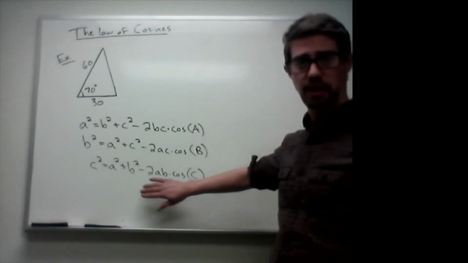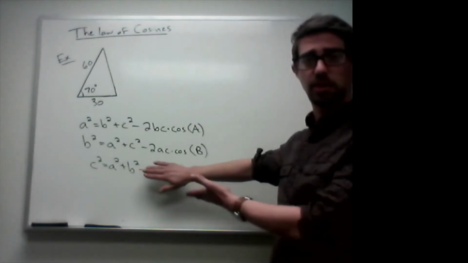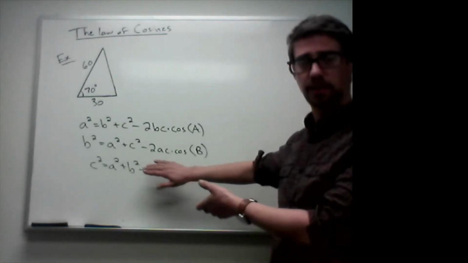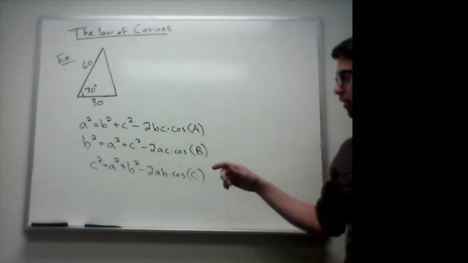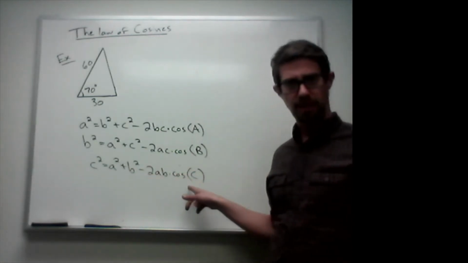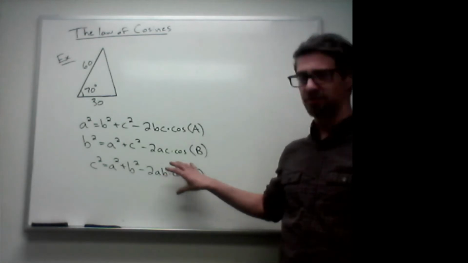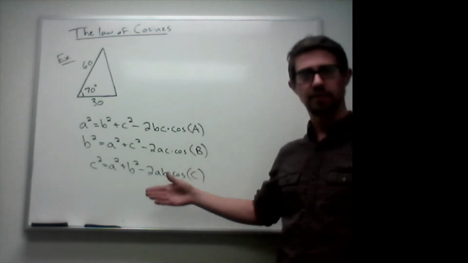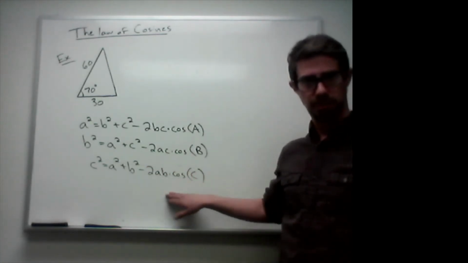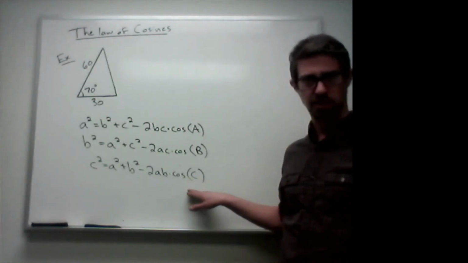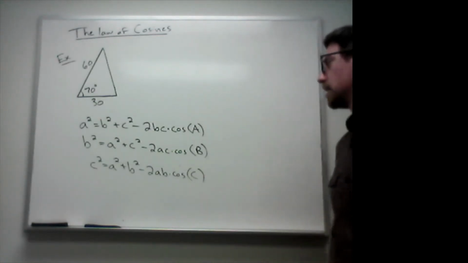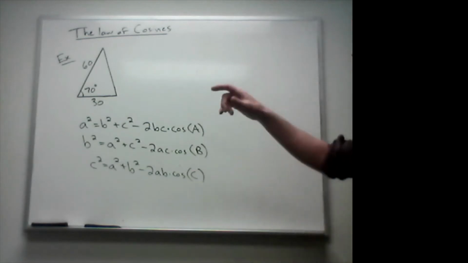This entire term would drop off, and look what we would be left with. It's literally just the Pythagorean theorem. So you can think of this as a more complicated version of the Pythagorean theorem, but in reality, the Pythagorean theorem is just a very specific case of the law of cosines, where this whole thing drops out because this is just 0.